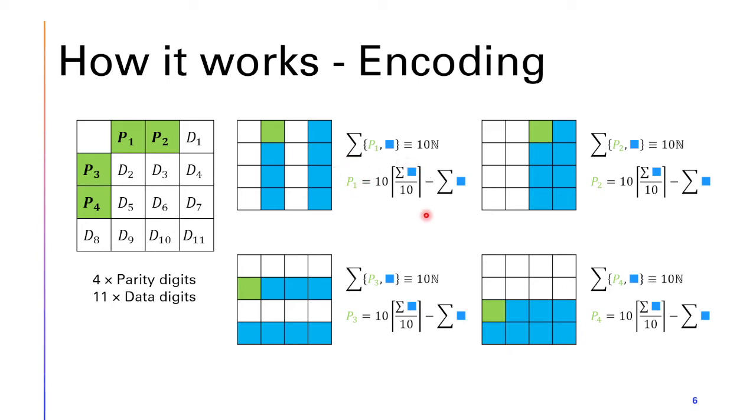The way you calculate P1 is you take the sum of the 7 blue squares, round it up to the nearest 10, then subtract the actual sum of the 7 blue squares. Then you take that result and put it into P1. Similar story for P2, P3, and P4. After you encode this information, you can send it off.